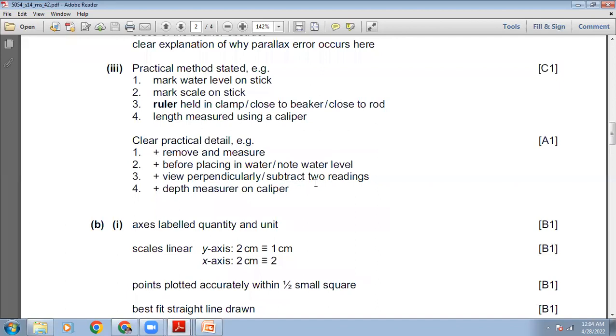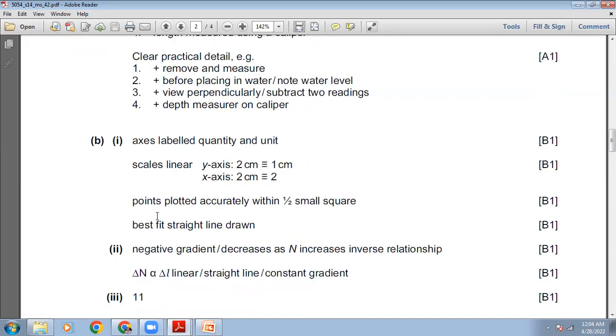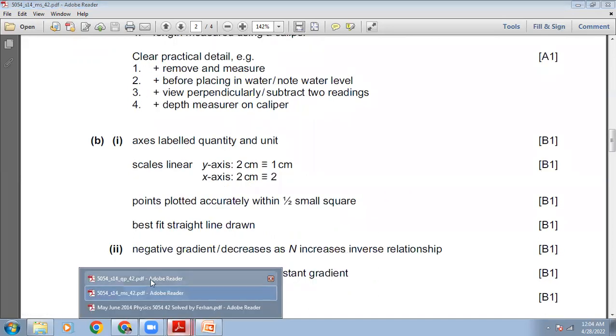View perpendicularly, subtract two readings, depth measure on caliper. We can use the depth measure also. You know that the vernier caliper has a tail which is used to measure the depth. So he's talking about that. So let's move to the next part.